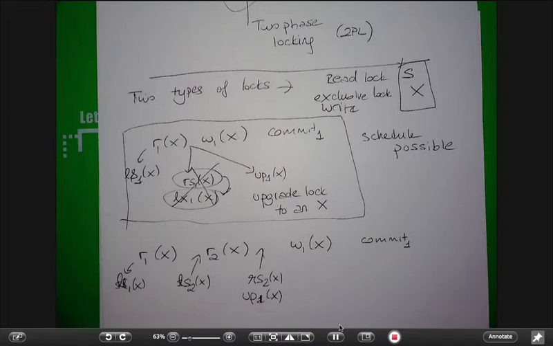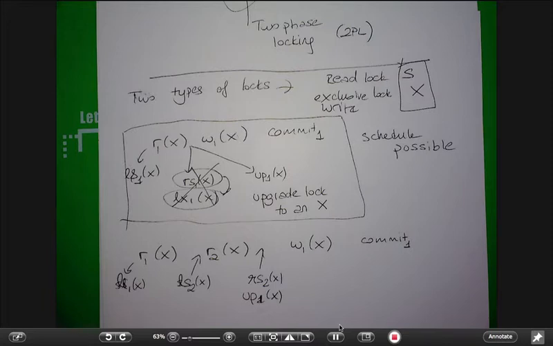Are you with me so far? Right? So it's possible because, I can tell you, if the lock and unlock occurred in this order, it is not against two-phase locking, so this schedule can happen. Can this schedule happen if I only had a single type of lock? If I had only one lock? No. Why can this not happen?